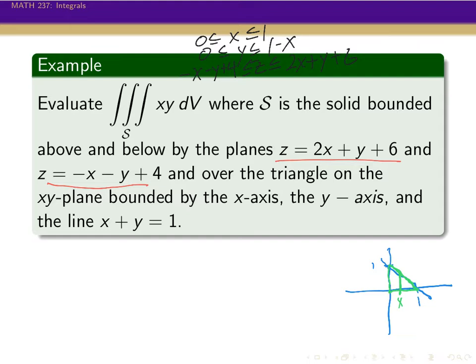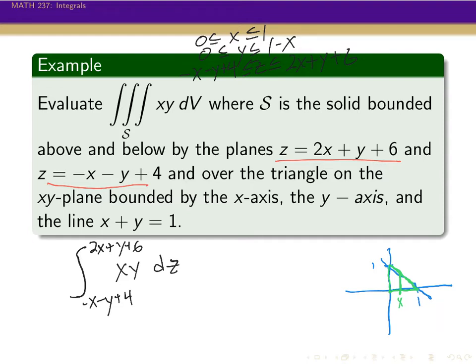So really the way that I'm thinking about doing this integral is we're going to integrate in terms of z first, and the function we're integrating is xy.